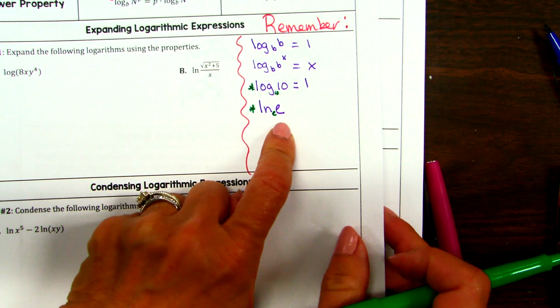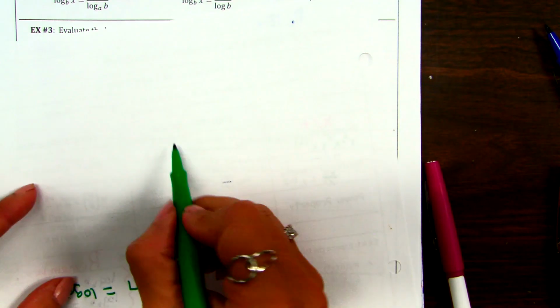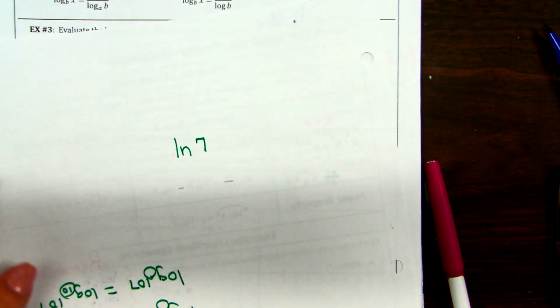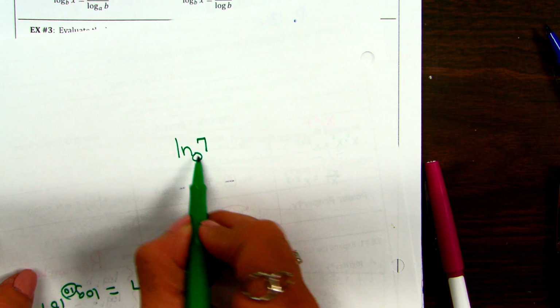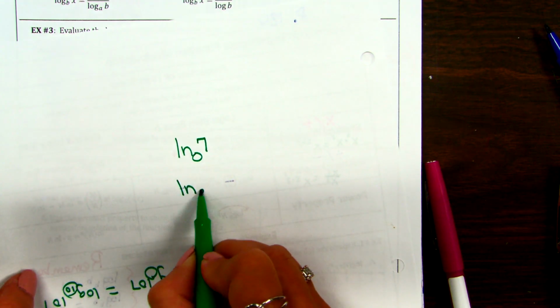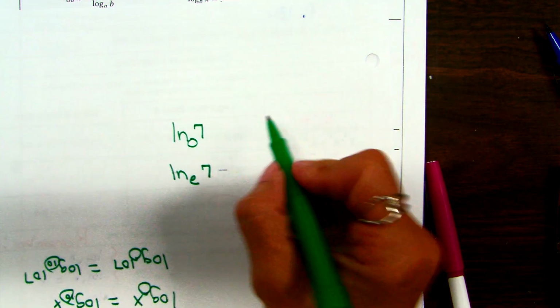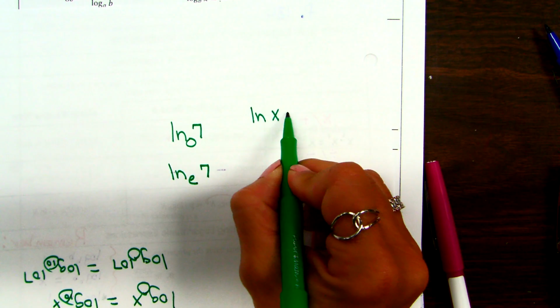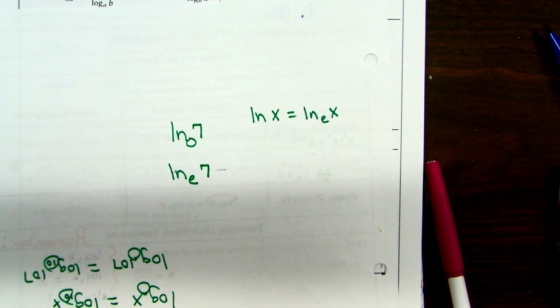Natural log, you'll never see a base, okay? It'll always have just ln and a number or letter. There'll never be something there. We know, though, now, I hope, that it's always an e, okay? Always. So if you see natural log of x, you could rewrite it if you wanted to as natural log base e of x, okay?